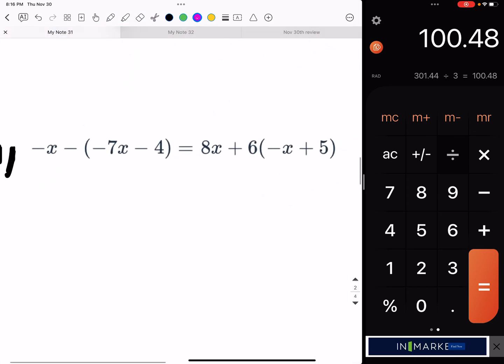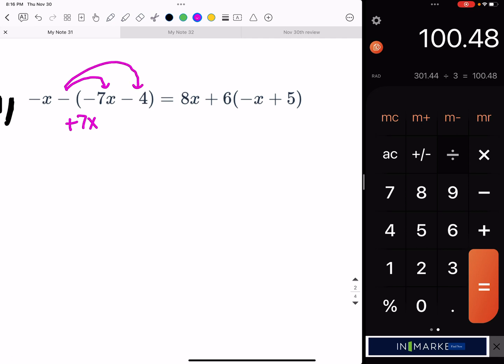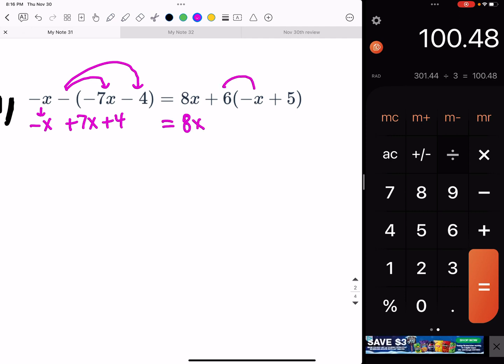All right, number 11 is just about cleaning it up. Negative times negative 7x is positive 7x. Negative times negative 4 is positive 4. This guy just comes down, he's not part of it. Equals 8x. 6x times negative x is negative 6x. 6 times positive 5 is positive 30.